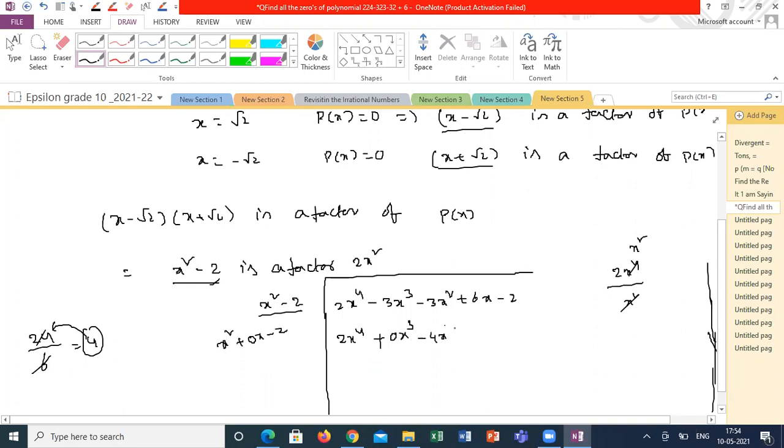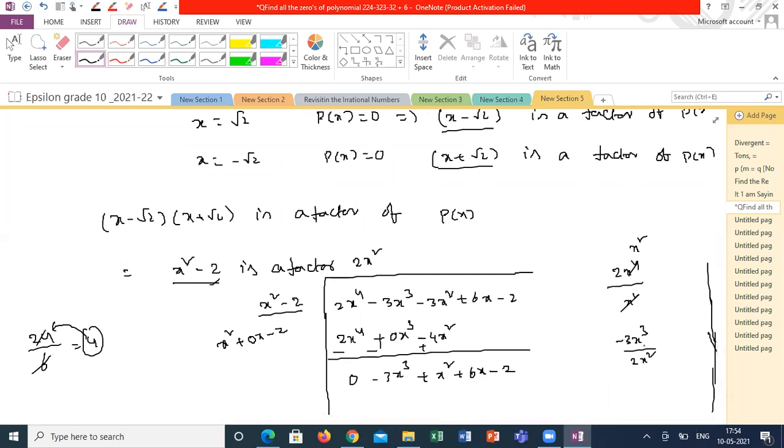Minus 4x square, I am subtracting. 0 minus 3x cube, minus 3 plus 4 is plus x square, plus 6x minus 2. Minus 3x cube by x square, sorry, it's x square only, not 2x square.